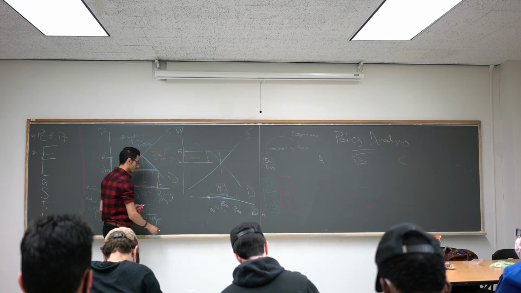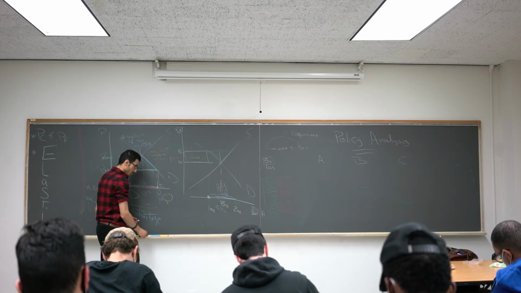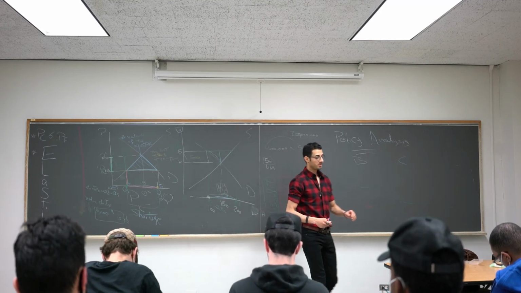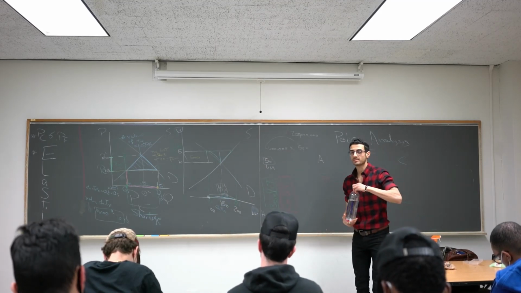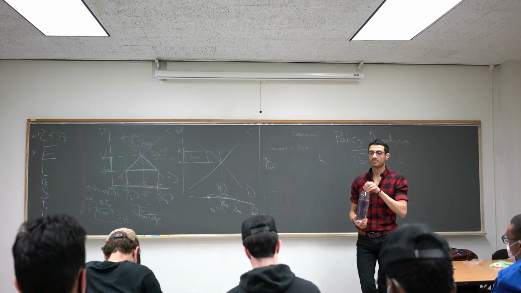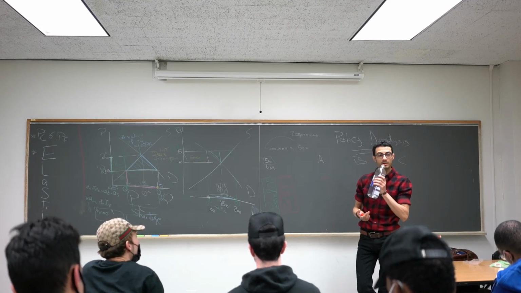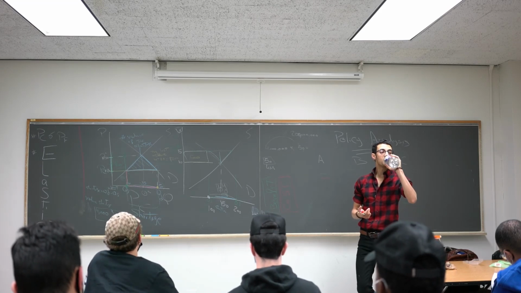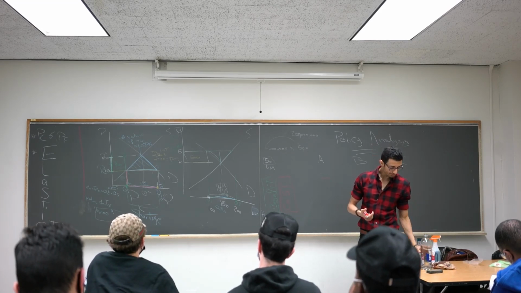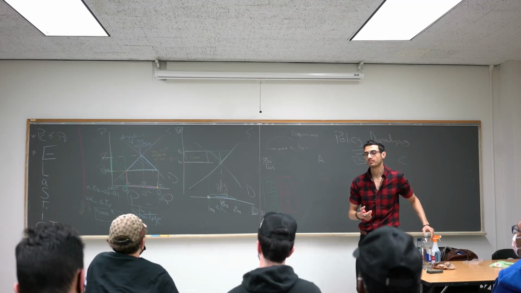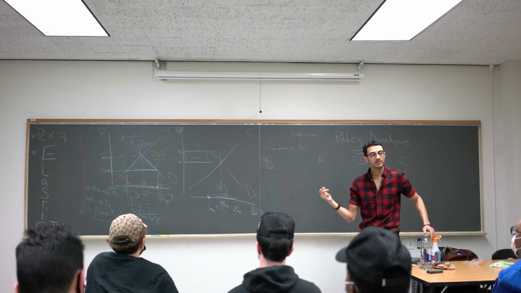Let's look at the cost. Is the cost in red? Who wants to do the cost of this policy? Somebody's texting or writing? Pay attention. The cost of the minimum wage in this case will be where?